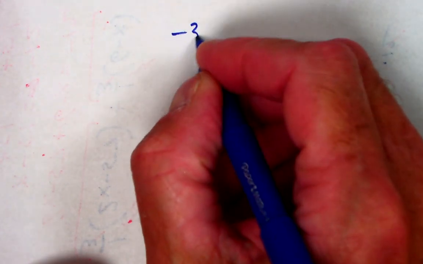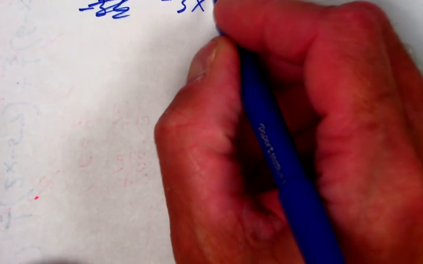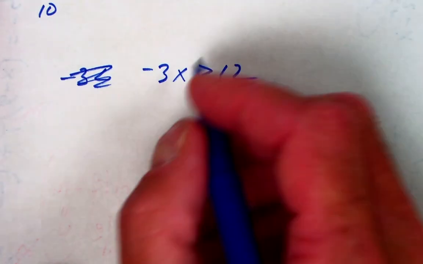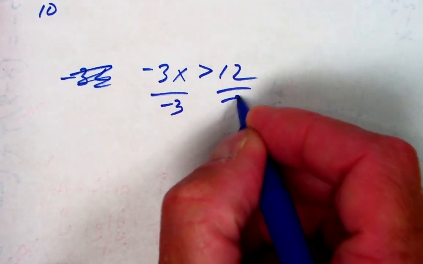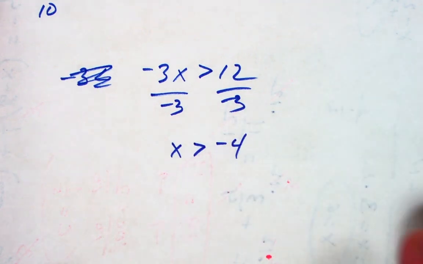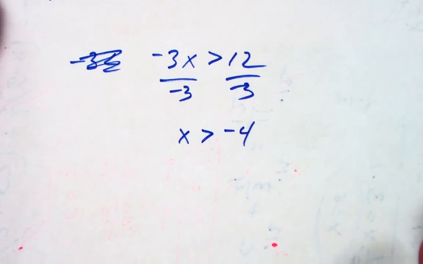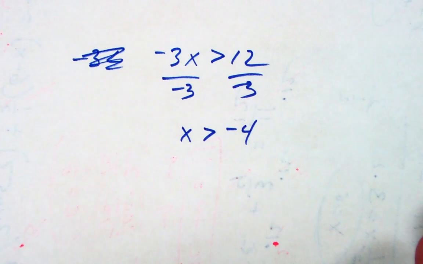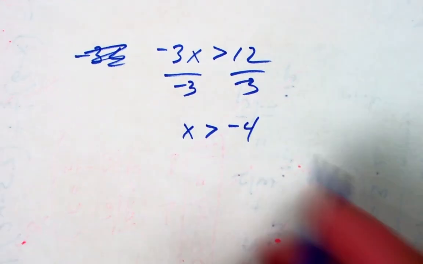But realize that if I go negative 3x is greater than 12, and I solve that, I would divide by negative 3. X is greater than negative 4. I made a mistake. I need to flip my inequality. When I divide by negatives, I just need to remember to flip my inequality.